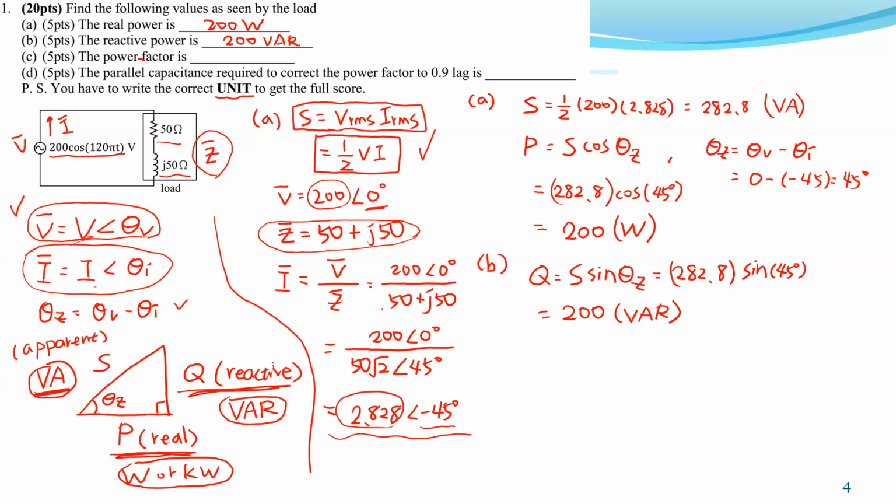Okay, and the power factor, in short PF, equals cosine theta z, which is cosine 45 degrees, which is 0.707.